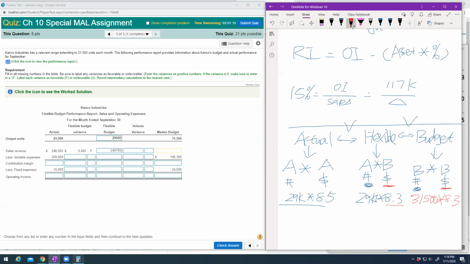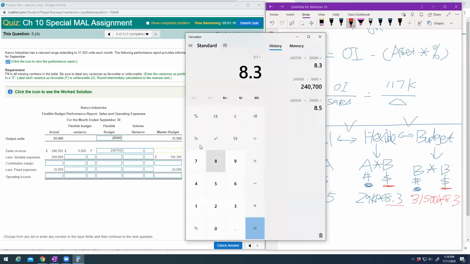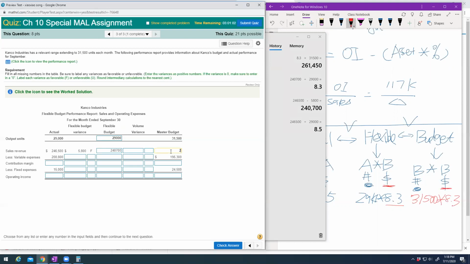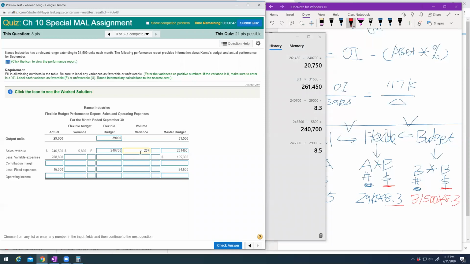Now you use your budgeted units, 31,500, times 8.3, and you get 261,450. And then the difference will be the variance, right? Minus 240,700 gives you 20,750. Your left side is lower than your right side, and it's unfavorable because it's revenue.